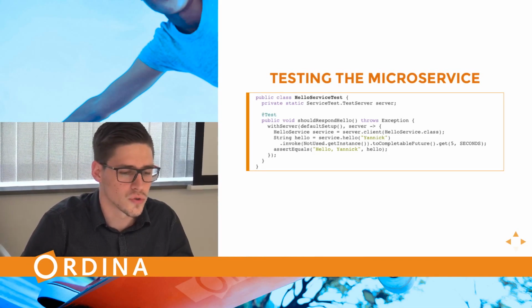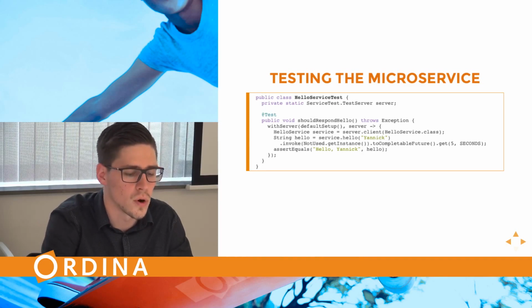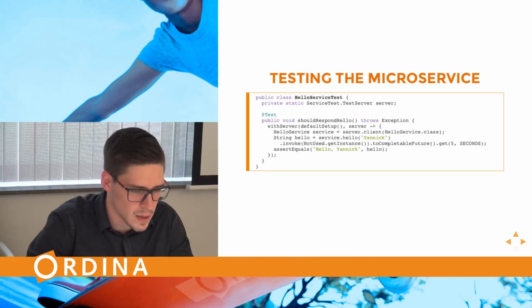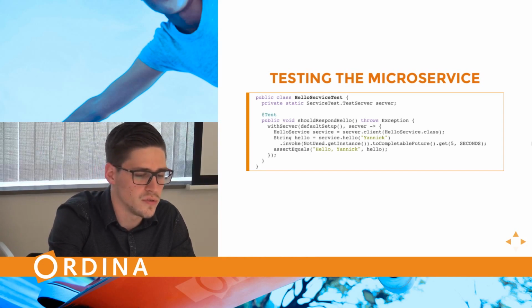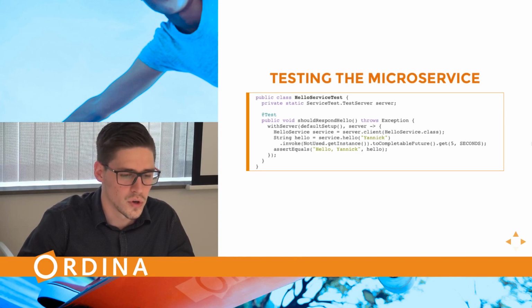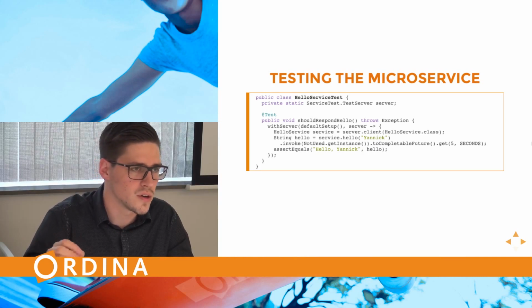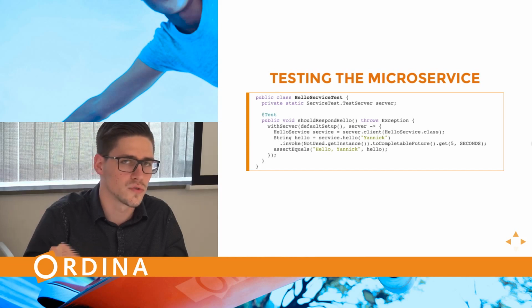we can look up a certain service from the microservice. In this case, we are looking up the hello service here, and we're passing it a string. What you'll then notice is that it's doing an invoke on the service. That's because when you're calling the service.hello method, you're not actually directly calling the service, but what you're actually getting is a reference to the service.